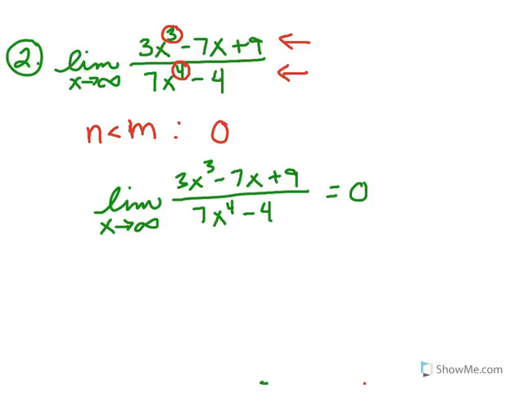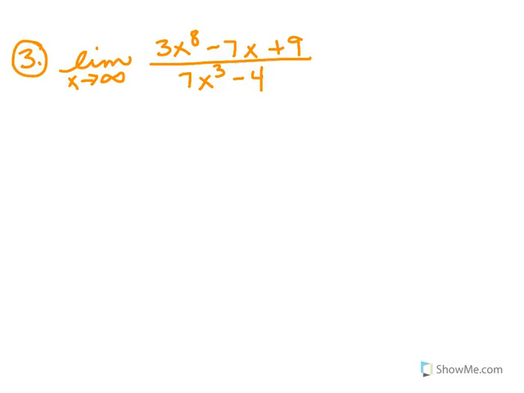All right, let's take a look at our third type. So in this example, let's take a look at our leading terms. First of all, they are where they're supposed to be. And now I have my n term being larger than the m term. So this is a case where n is greater than m.